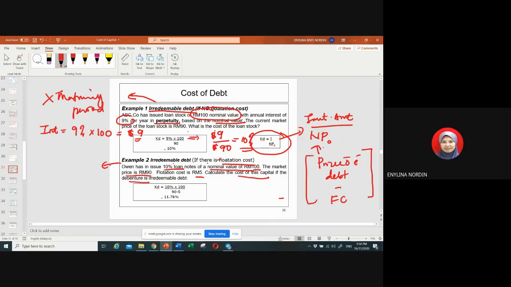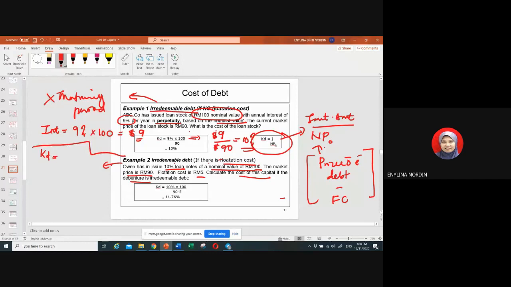So how are we going to determine the cost of debt? KD equals the interest amount, 10% multiplied by the nominal or par value of 100 ringgit, divided by the net price. The net price is the price of the loan notes, 90 ringgit, minus the flotation cost of 5 ringgit. So 10% of 100 is 10 ringgit, divided by 85 ringgit.